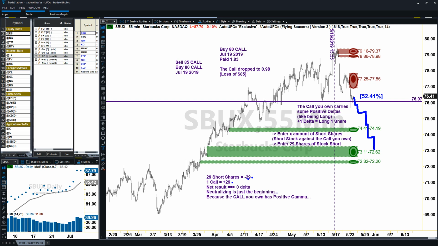Well, that would be equivalent to you being short 19 shares of stock and the stock went from 76 to 73, so you are making money. In other words, your 85 loss becomes 70, becomes 65, becomes 60, and you are reducing the loss.